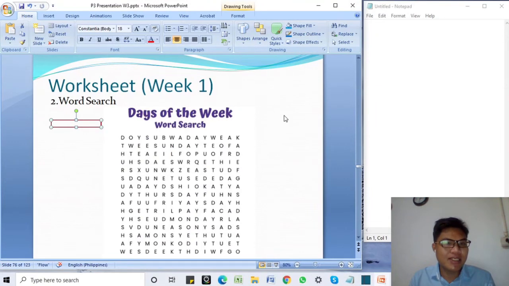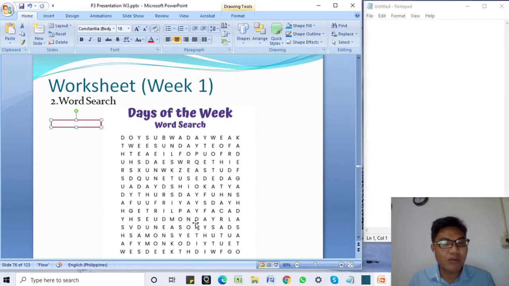This is the next worksheet for week 1. This is still about days of the week. How many days are there in 1 week? There are 7, right? Those 7 days, you're going to look for here in the puzzle. This is a word search puzzle.